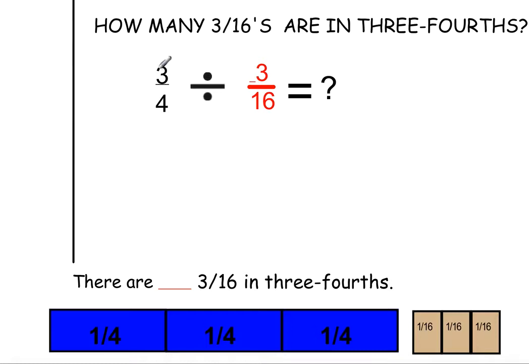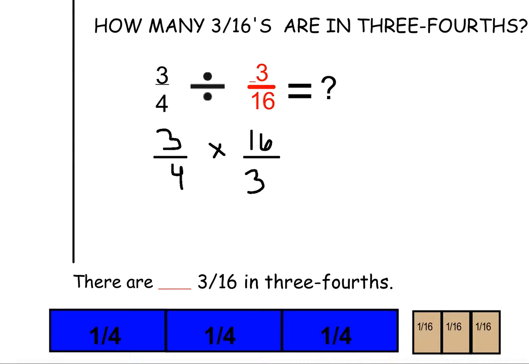All right, welcome back. So we have 3/4 divided by 3/16, or how many 3/16 can go into 3/4? So 3 over 4, we multiply by the reciprocal of 3/16, which is 16/3.